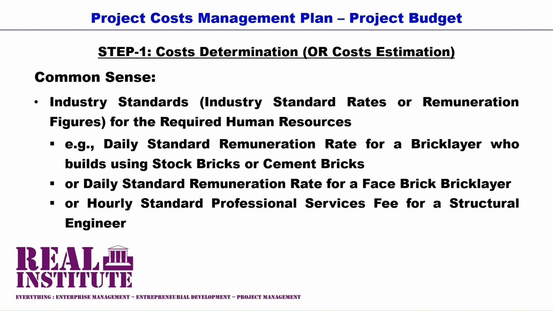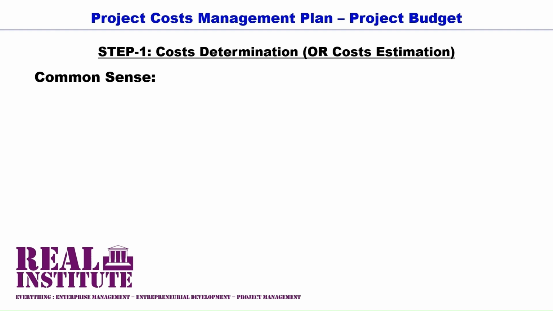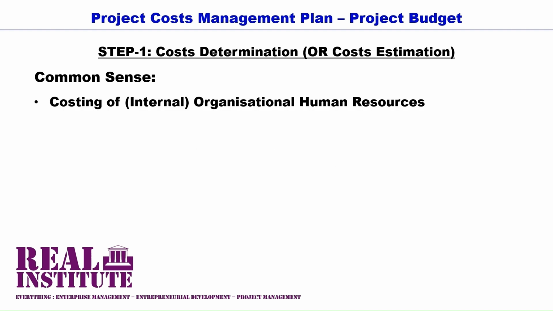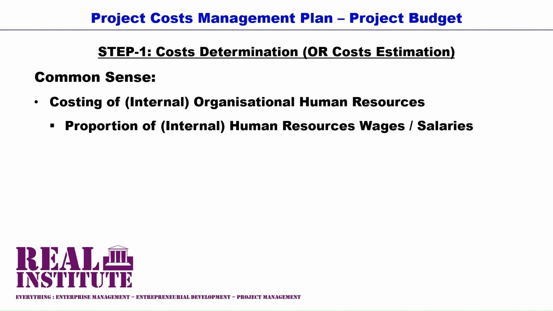In cases where the required human resources for your project are sourced from within your organization, even if it is through seconding from various functional units within your organization, you can utilize the exact salaries or the hourly or daily remuneration rates of such human resources to determine the cost for your project activities. Of course, factoring the amounts of time that individual human resources will spend performing the activities of your project.